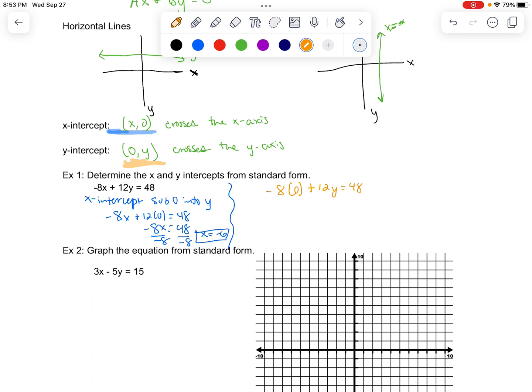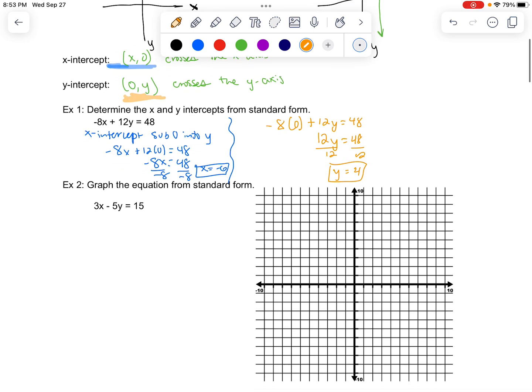Once again, that negative 8 times 0, anything times 0 is gone. So I'm left with 12y equals 48. Divide by 12. Y equals 4. That is my y-intercept. So once again, you're subbing 0 into x separately and to y separately in solving.